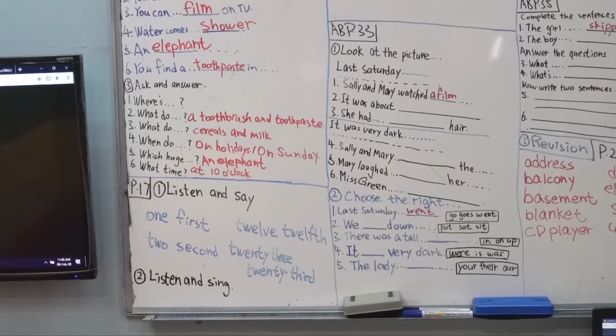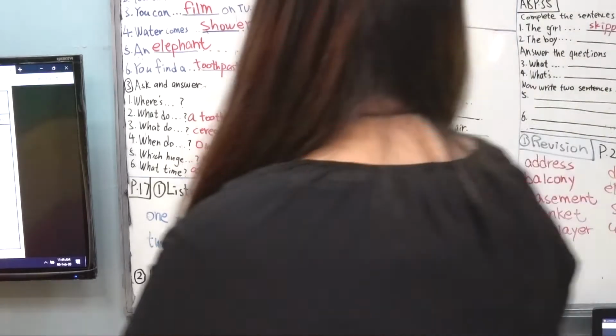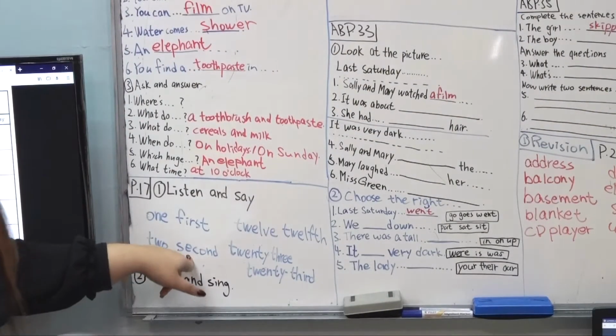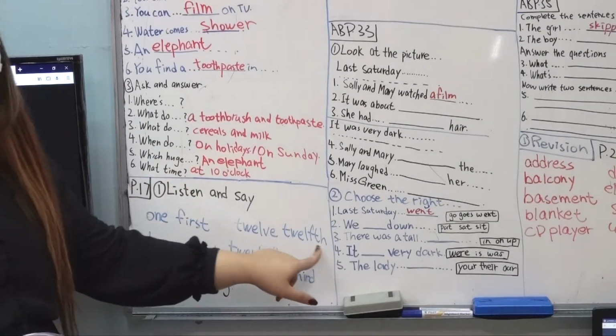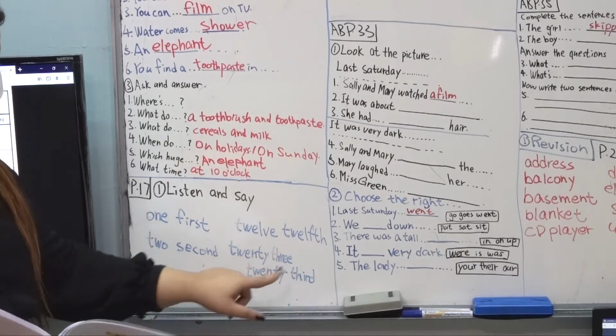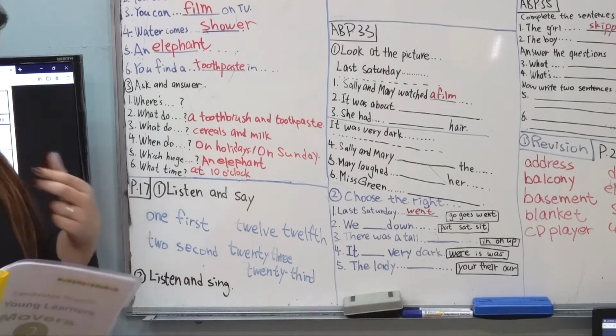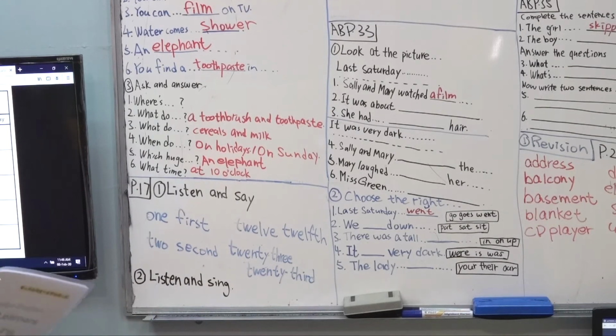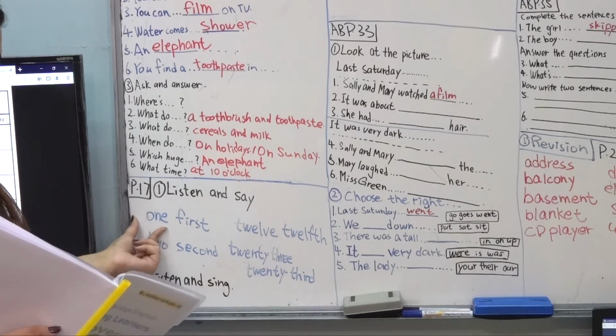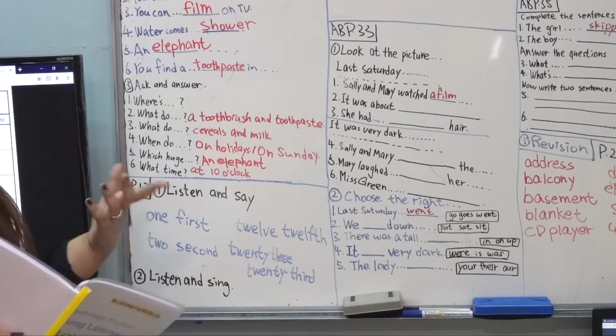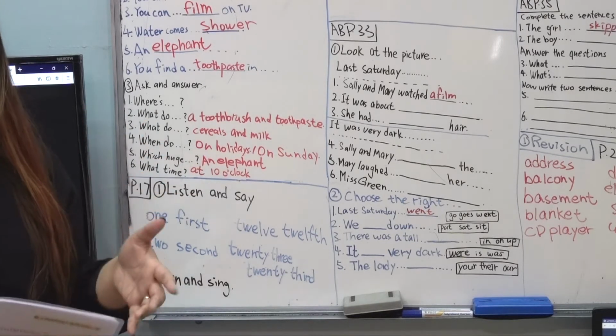Alright. So what's the difference between 1 and first, 2 and second, 12 and 12th, 23 and 23rd? Both of them are numbers, okay? We use 1, 2, 3, 4, 5, 6, 7, 8 for counting, right?